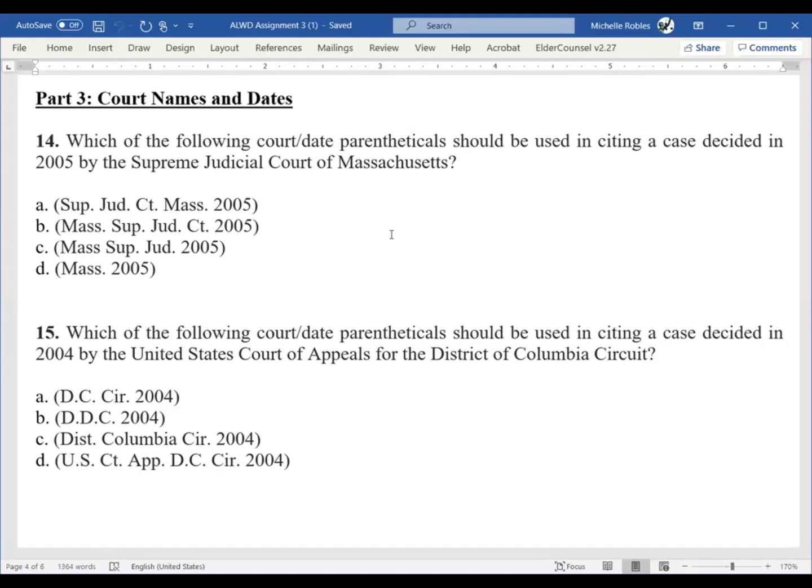We are looking at page 504. The order of the courts is also in the order of the hierarchy, so the Supreme Judicial Court of Massachusetts is actually the state's highest court. When you cut across, you see here exactly how to write that state abbreviation.